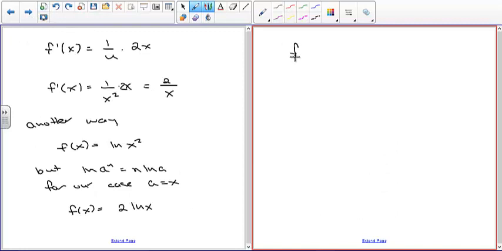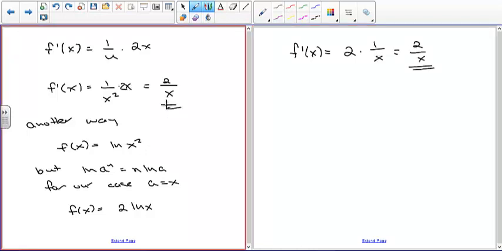So now I don't have to use the chain rule because I don't have x squared in the argument anymore. So it's just going to be 2, the constant, times the derivative of the natural log of x, which is 1 over x. And I get the answer 2 over x, which is the same answer I got here.